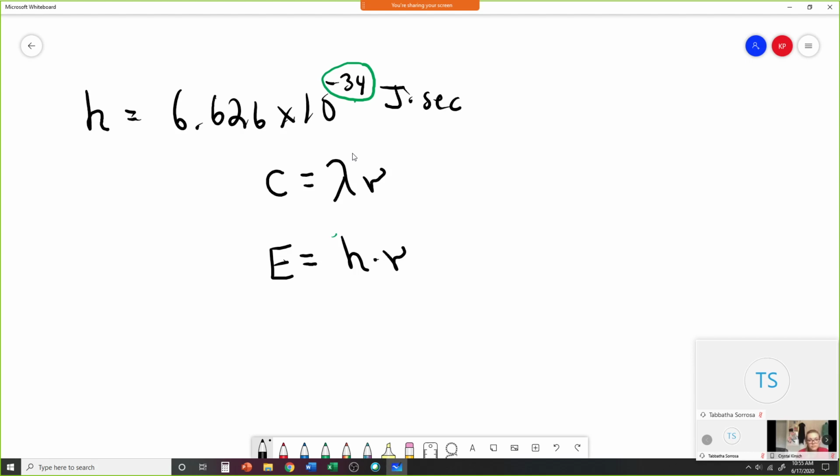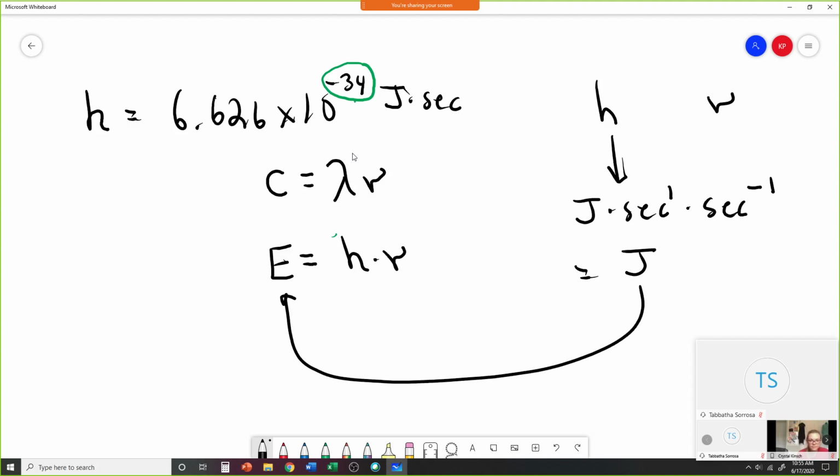What is h? h is joules seconds. What is frequency? It is seconds to the minus 1, right? What's seconds to the 1 times seconds to the minus 1? When you multiply exponents, you add them together, right? So if you multiply these two together, what do you have left? You have joules. What's joules? Joules is energy. See what I'm saying? Units, units, units. It's all about units.